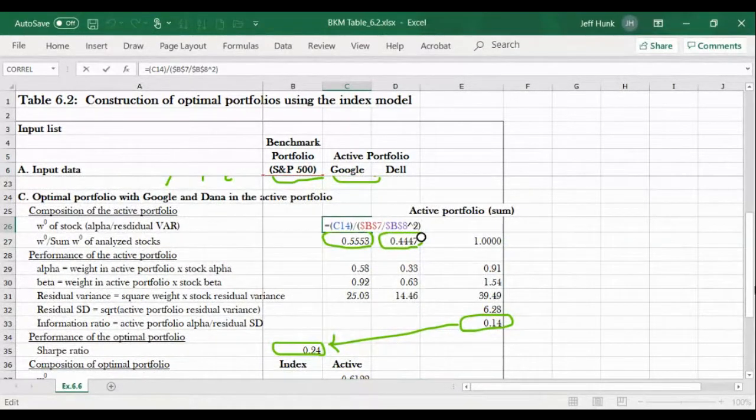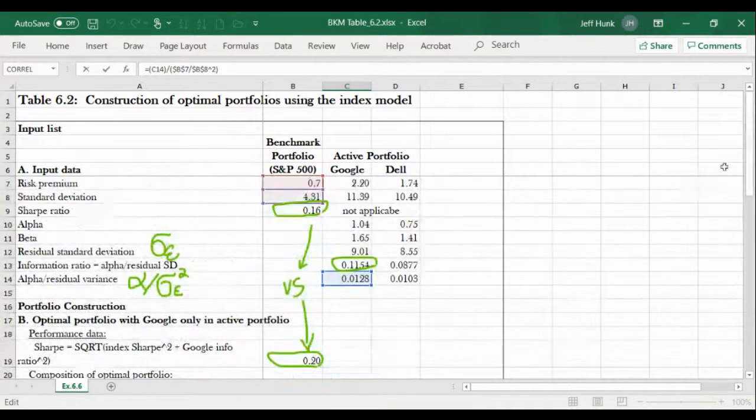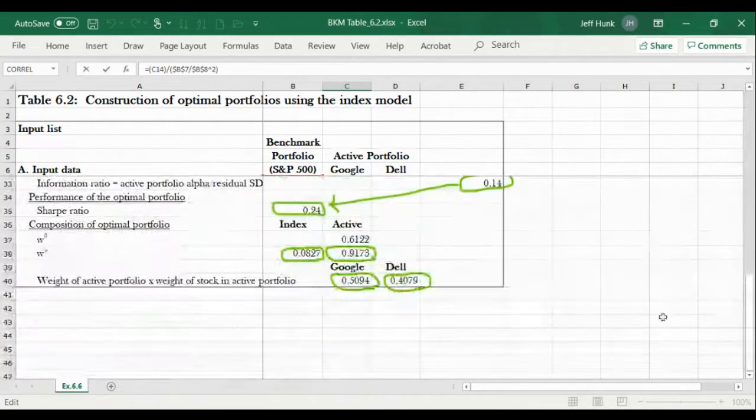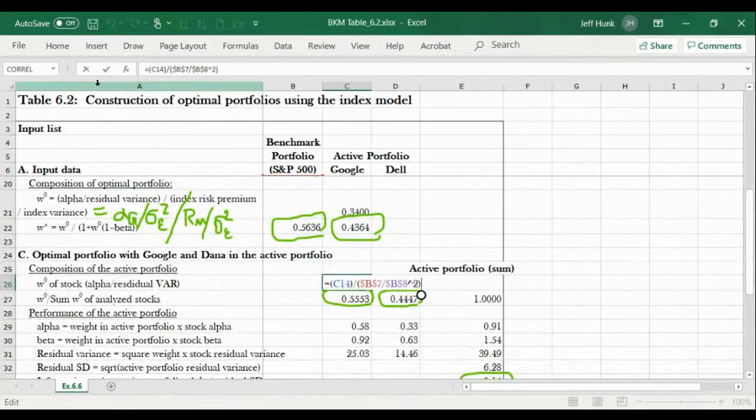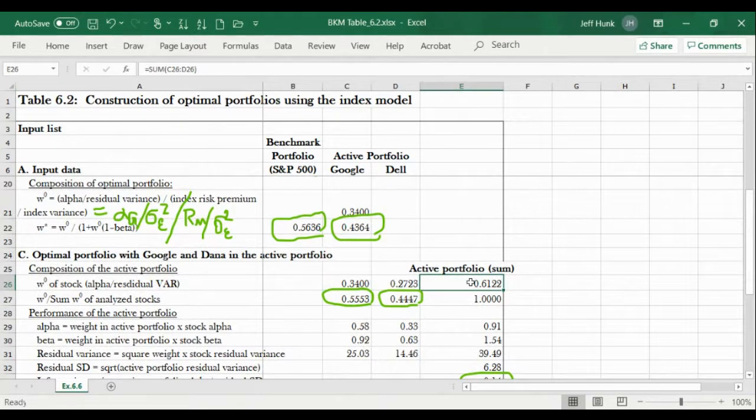And variance of... right. So once it's done, then the sum of these two is the weight of the active portfolio, right?